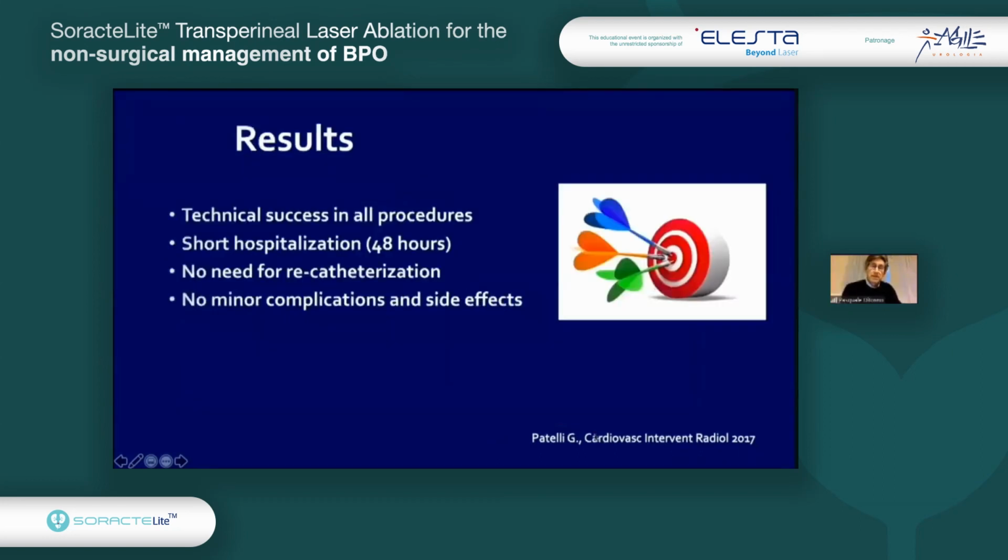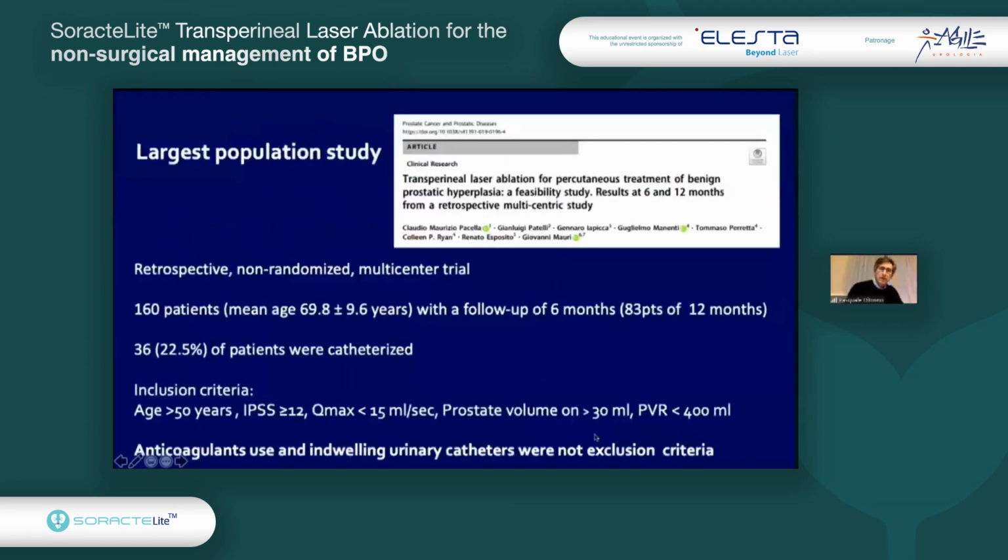So finally, this first study was a complete technical success, with a short hospitalization. There was no need for recatheterization and no complication or side effect.